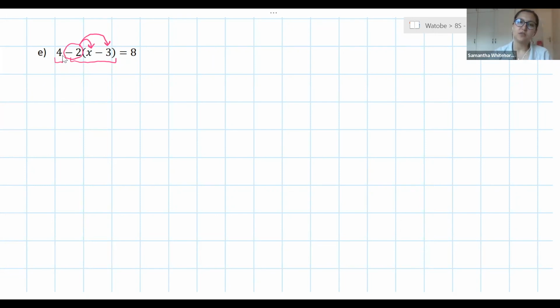And I could say once you've done your distribution, you can then go ahead and deal with those inverse operations. Very importantly, you are not saying 4 minus 2, you are first distributing in that -2. If you do 4 minus 2, you've missed the boat.